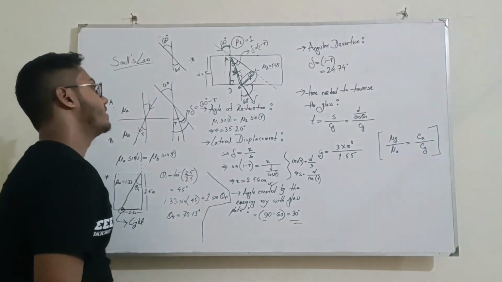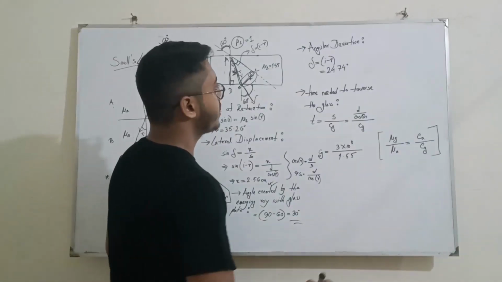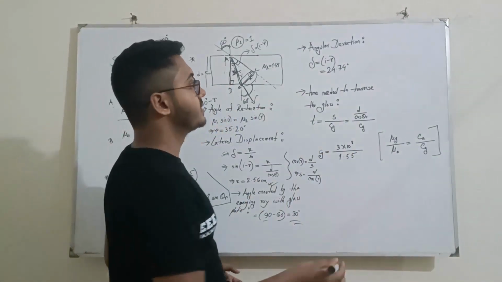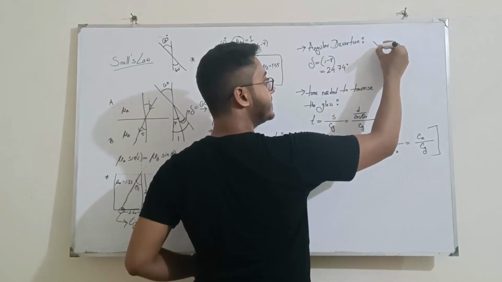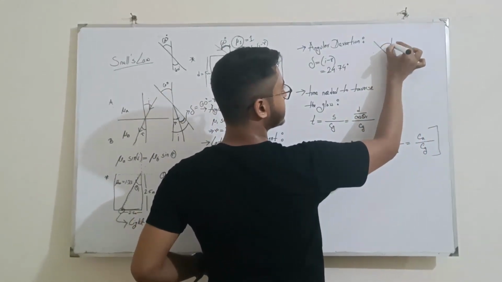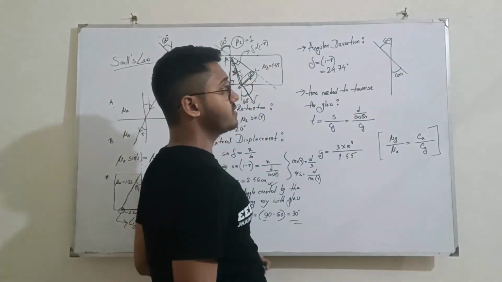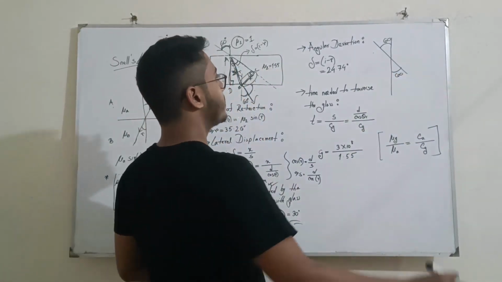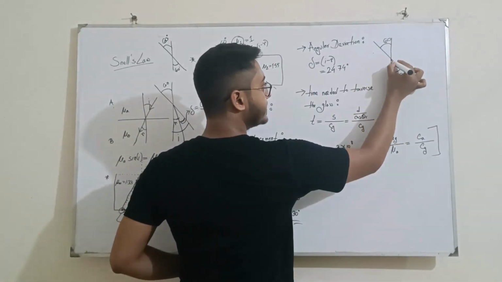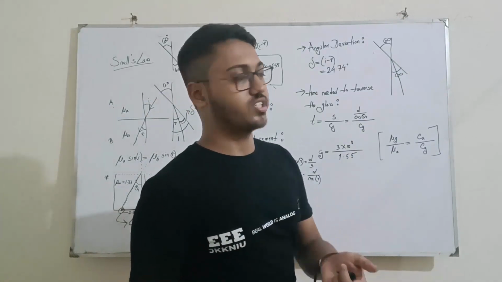And another is angular deviation. Angular deviation I have already told you. If there were no glass slab, the ray was supposed to go in this direction. Suppose this was the normal, in this direction, creating 60 degree here and 60 degree also here. However, since there is a glass slab, the ray will be bent in this direction, creating an angular deviation.